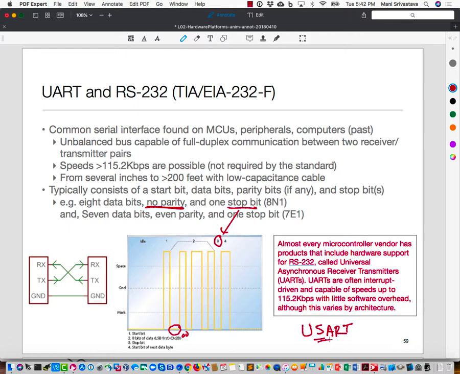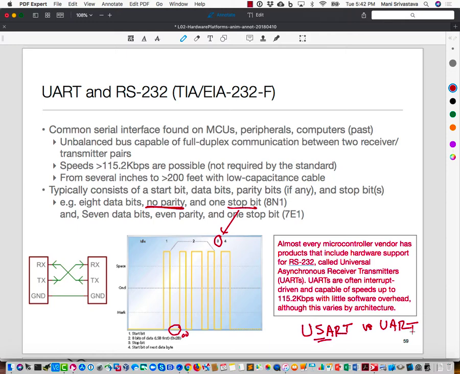What happens in USART is that there is also possibly a clock line, and you can do even higher data rate transmission in a synchronous mode, but over short distances. So in your processor, you can check whether you have UART or USART.